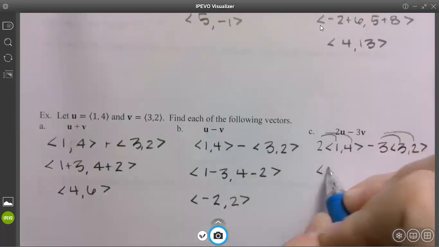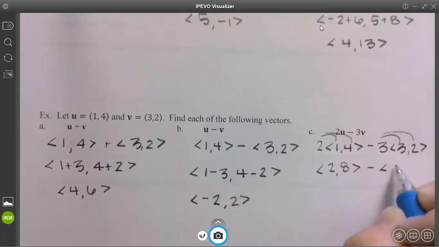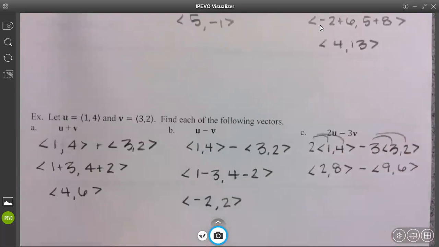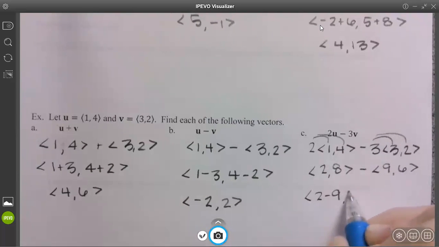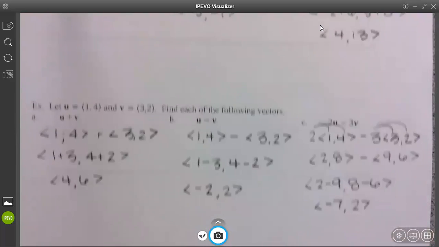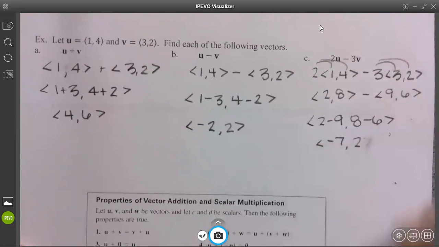So I get 2, 8 minus 9, 6. Then I'm going to do my 2 minus 9 and 8 minus 6. 2 minus 9 is negative 7. 8 minus 6 is 2. Sorry, that looks like 27, but that's my little vector symbol.